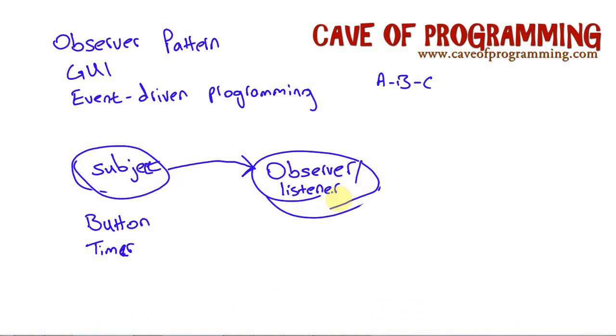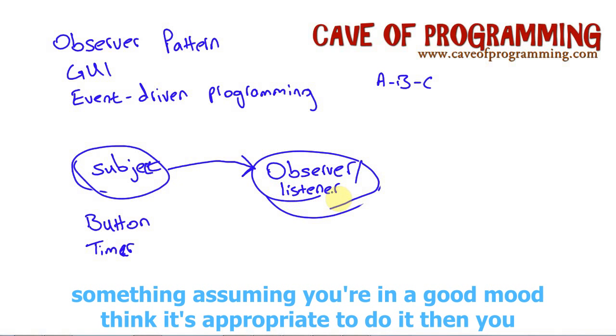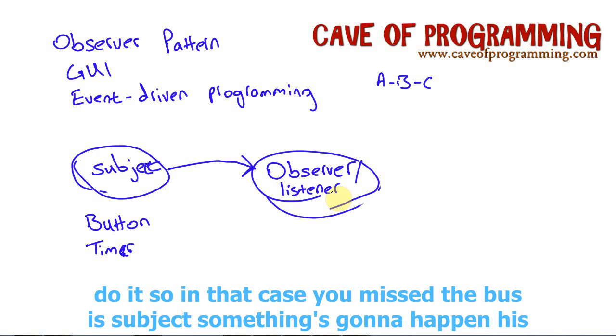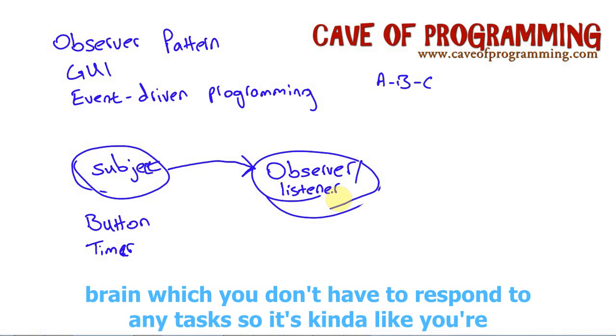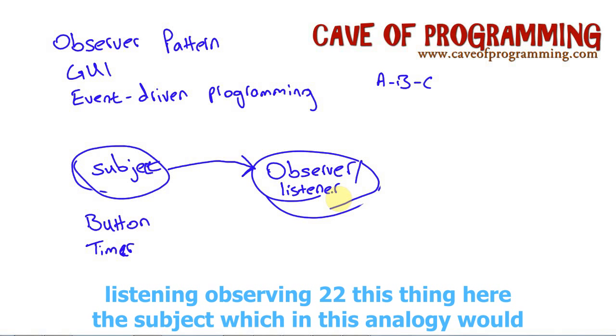And if he tells you to do something, assuming you're in a good mood and you think it's appropriate to do it, then you do it. So in that case, you're a listener, you're an observer, and the boss is your subject. Something's going to happen in his brain, which you then have to respond to in amongst doing your other tasks. So it's like you're listening or observing this thing here, the subject, which in this analogy would be your boss.